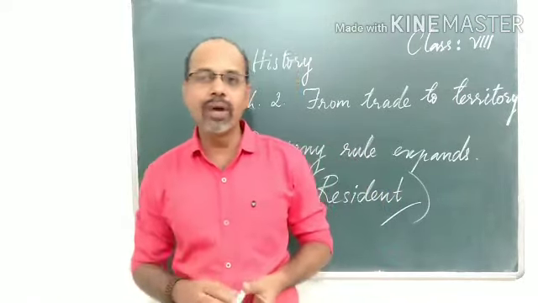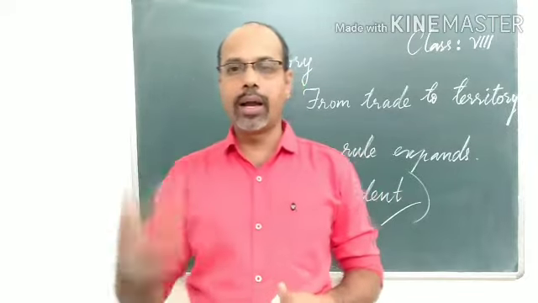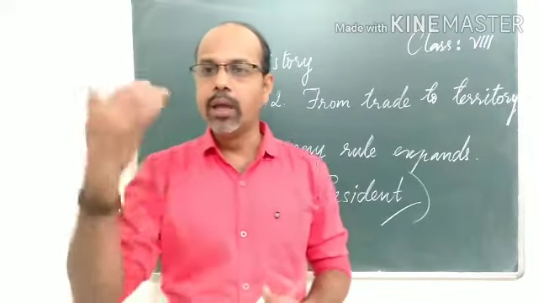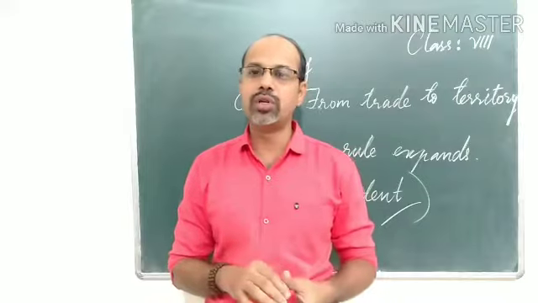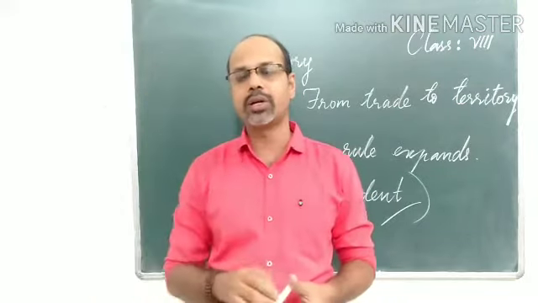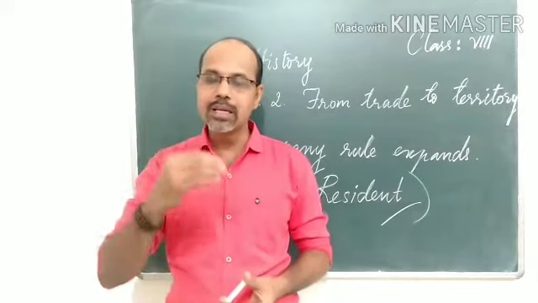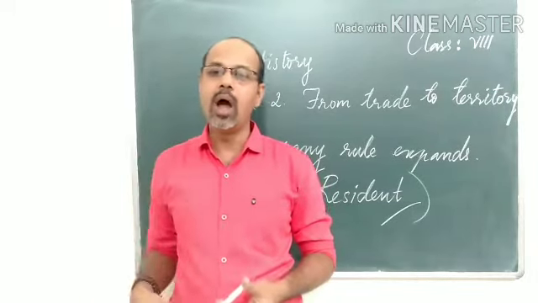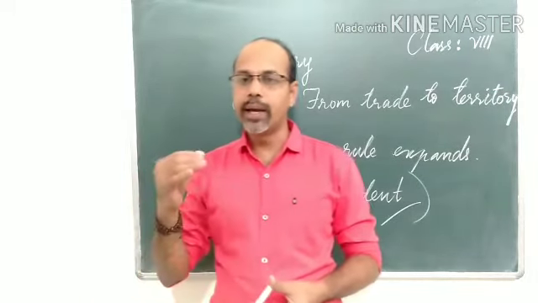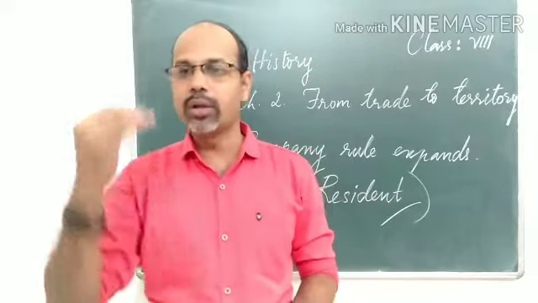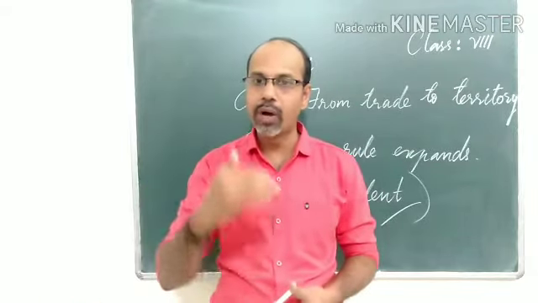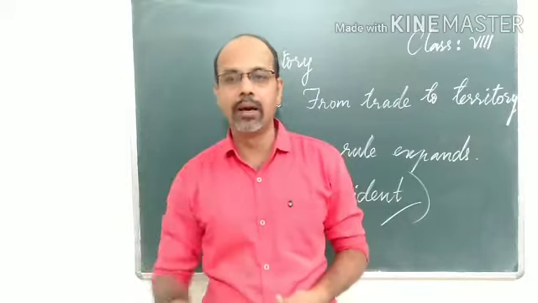When Richard Wellesley became the Governor General in India, the Nawab of Awadh was forced to give over half of his territory to the company in 1801. Richard Wellesley adopted this policy in the Awadh region, so the Nawab of Awadh had to hand over half of his kingdom to the company.